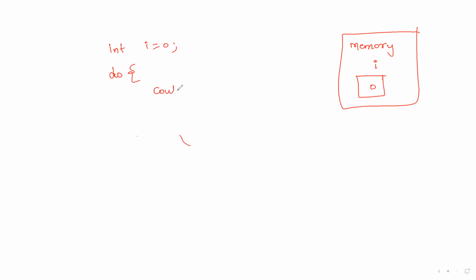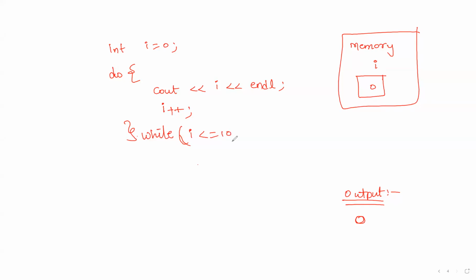All I'm doing inside is printing the value of I and going to the next line. So if this is where my output is being displayed, then I is 0 will be displayed. Then I'm doing I++, close the loop. I have the while keyword with the loop condition, I less than or equal to 10, followed by a semicolon.